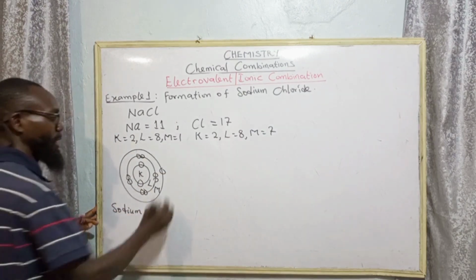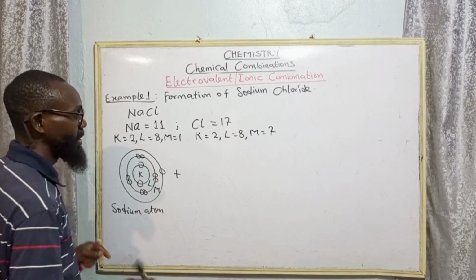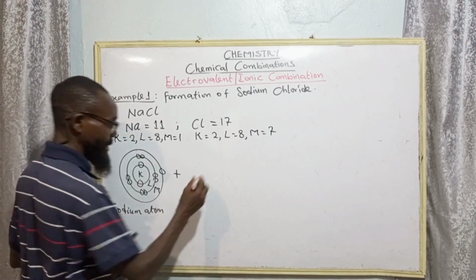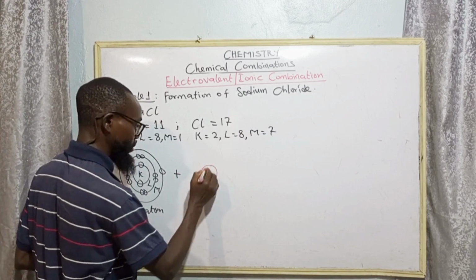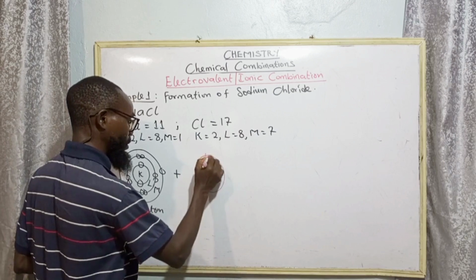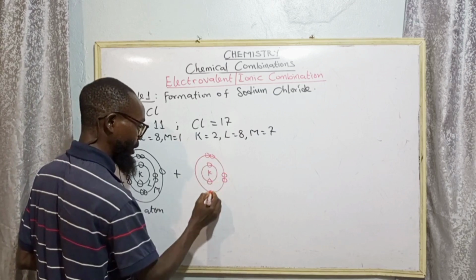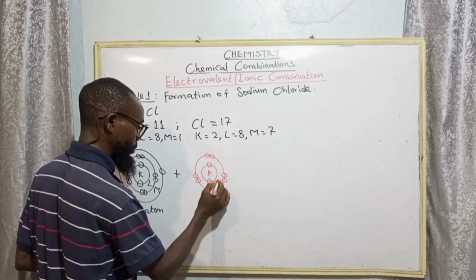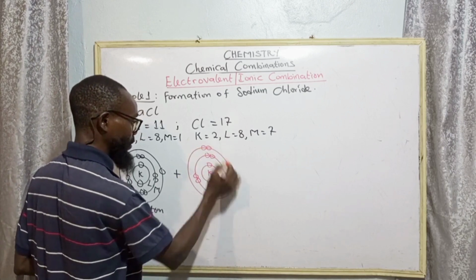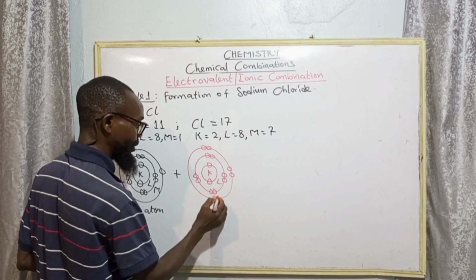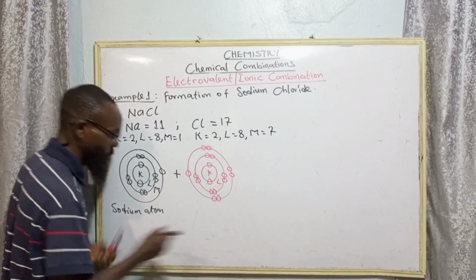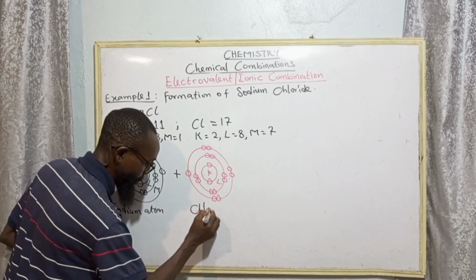Sodium atom, combining with chlorine. Combining with chlorine, the K shell of chlorine, the L shell of chlorine, and the M shell of chlorine, having an electron of 7 in the outermost shell. So this is chlorine atom.